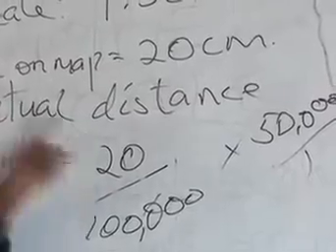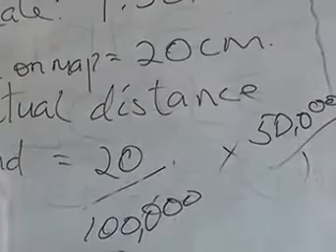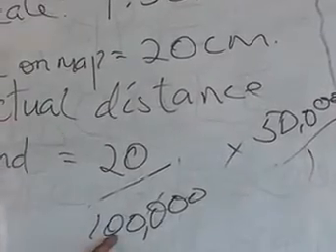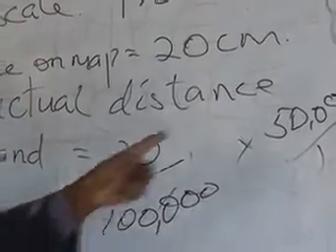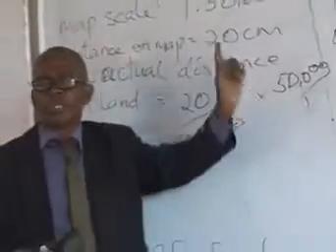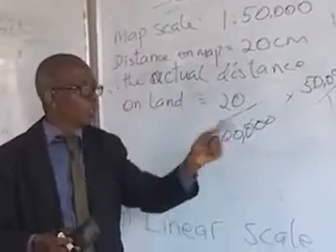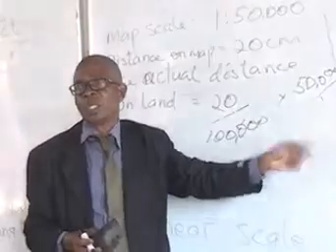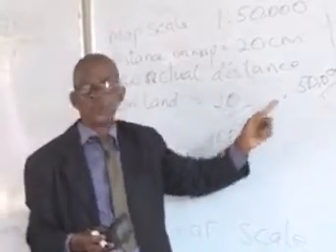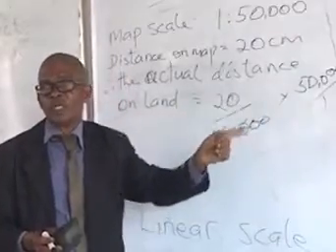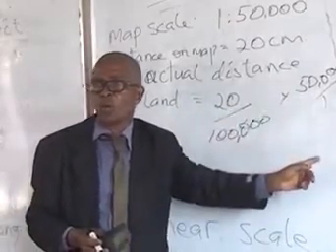It's all we want to measure over this. It's constant. Times the given scale, 50,000 over 1. If the given scale is 100,000, it's 100,000 over 1. If it is 150,000, it's 150,000 over 1. If it is 25,000, it is 25,000 over 1.